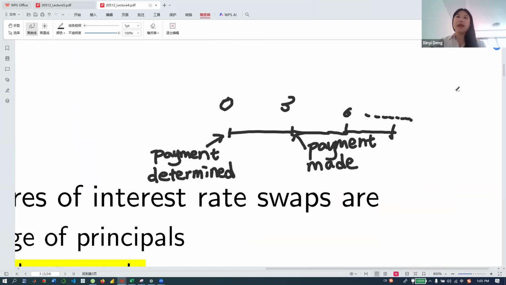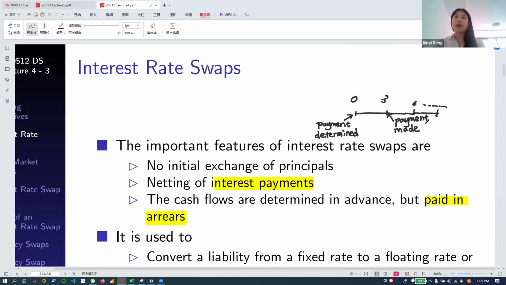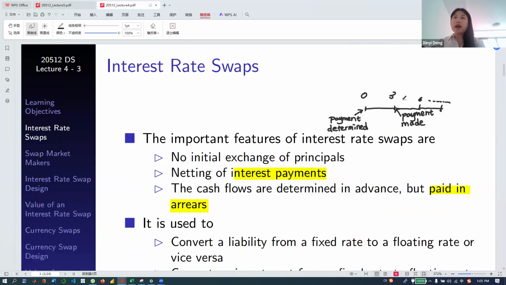So we have many other periods following that. Paid in arrears basically means that for your payment on this 3rd month, for your 1st quarter, the interest rate, the floating rate and the fixed rate, of course, fixed rate is always going to be fixed, but the floating rate will be determined at this point while the payment is made later.